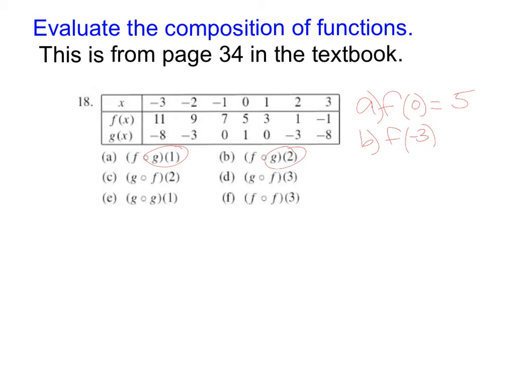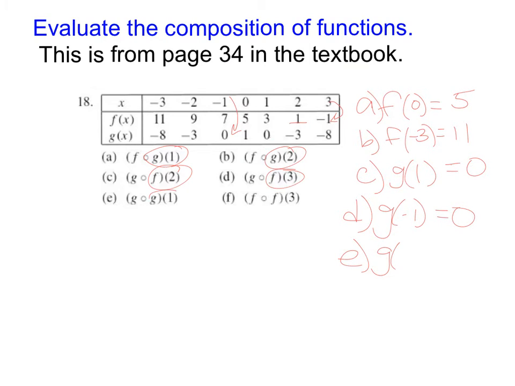Take that -3, plug that into f, and we get 11. f of 2 is 1. g of 1 is 0. f of 3 is -1. g of -1 is 0. g of 1 is 0. g of 0 is 1. f of 3 is -1. f of -1 is 7.